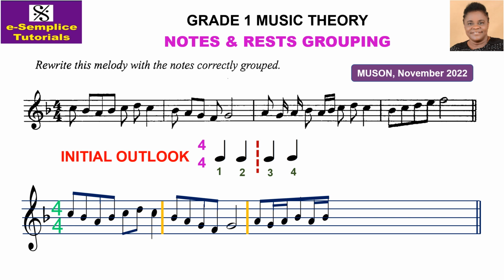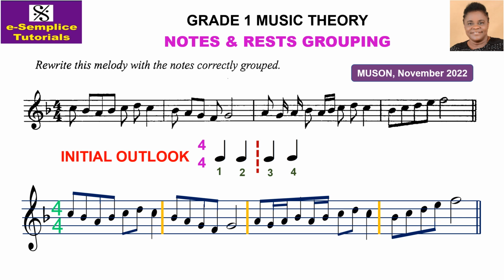And for the second part of the bar, remember, you cannot beam notes with a crochet. A crochet has no flag or tail. So that means the 2 quavers are beamed, and then the crochet. Then the last bar is already beamed for you. So just bring down the notes. You are doing nothing there. And we have solved that question.